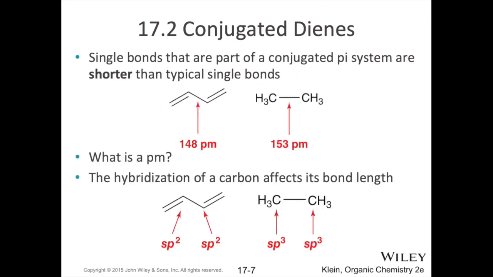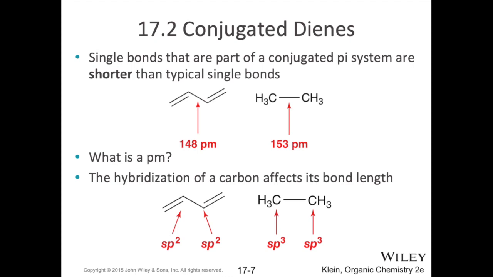Okay. Now let's look at some of those properties that we're going to observe in these conjugated pi systems. So in general, you know that a single bond is going to be longer than a carbon-carbon double bond, right?